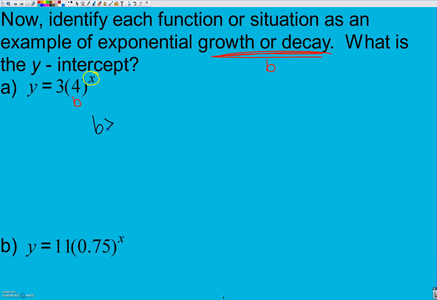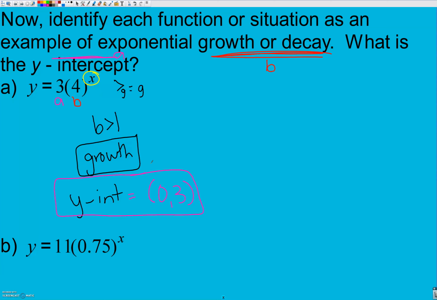B is greater than 1, which means we have growth. Our y-intercept is our a value. And our a value is the 3. So y-intercept at 0, 3.